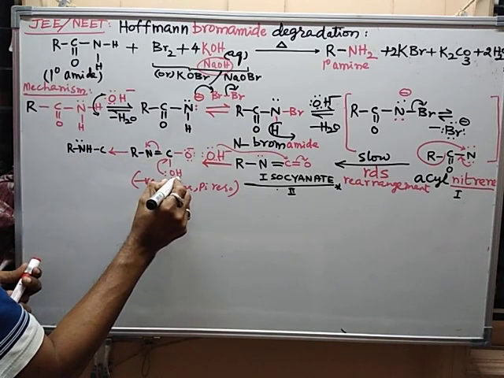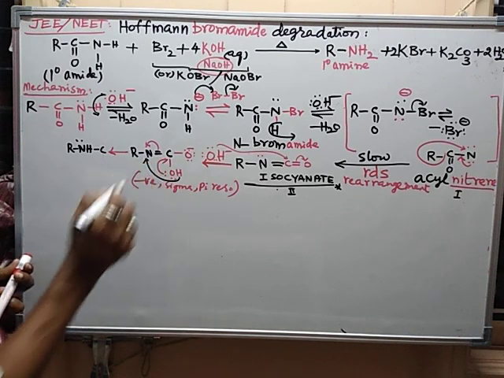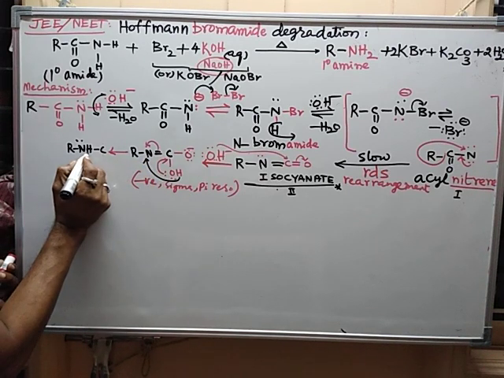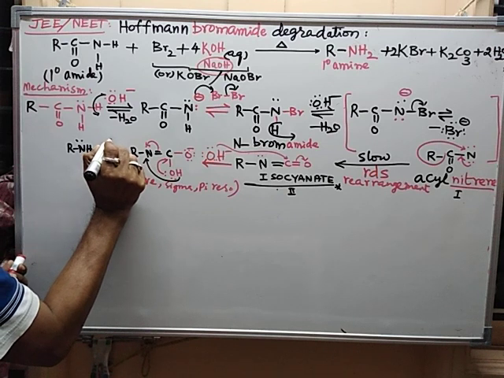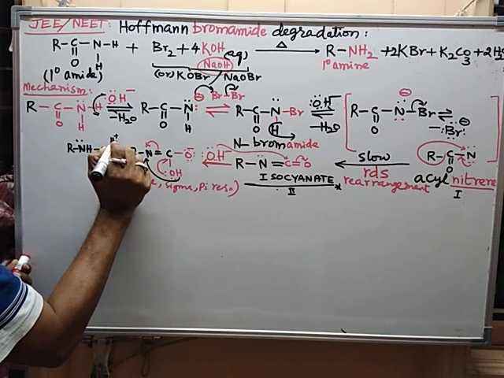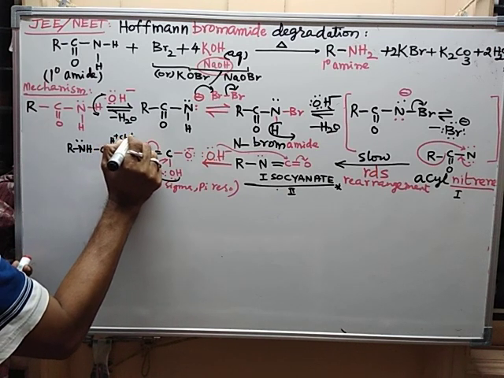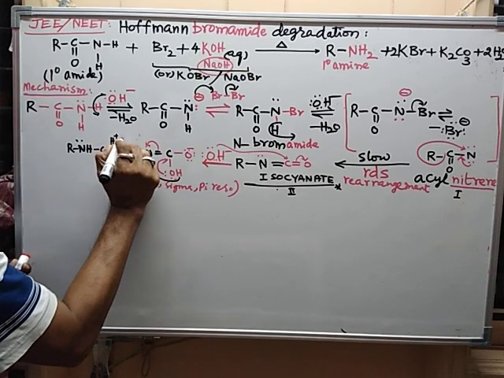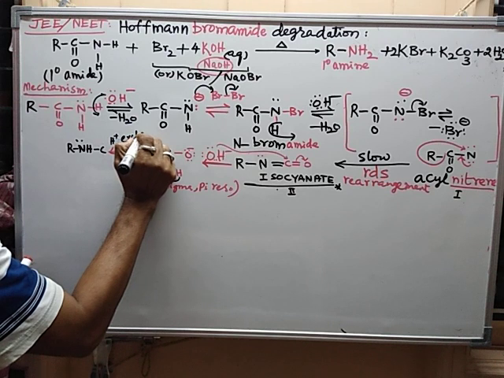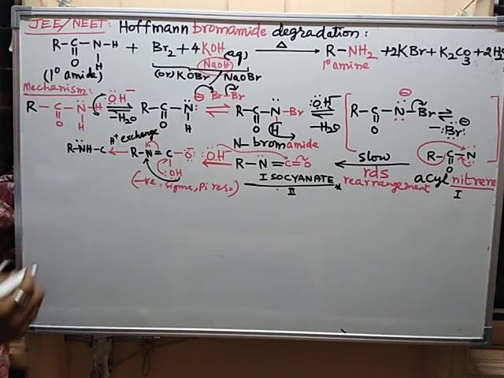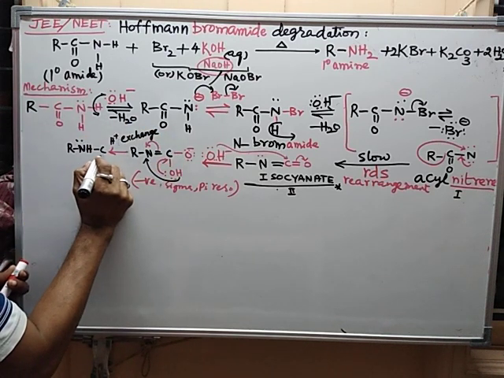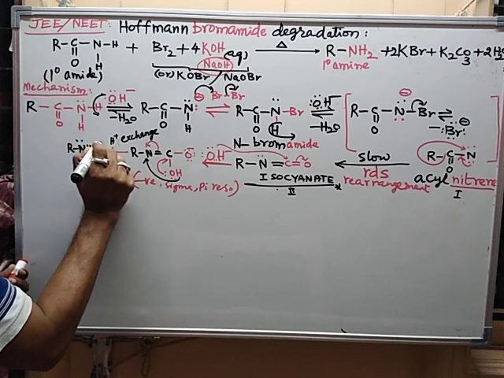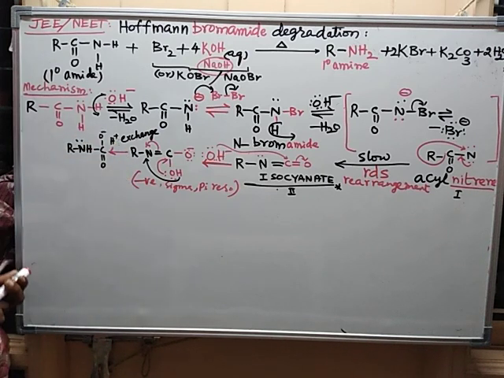At the same time, the hydrogen migrates to the nitrogen atom. It becomes NH. This is an H plus shift or exchange. Then it becomes C double bond O, O minus.